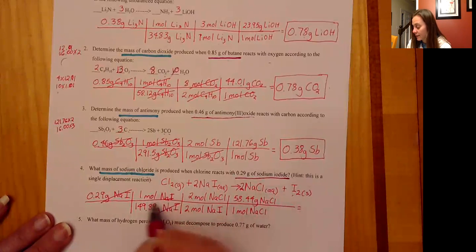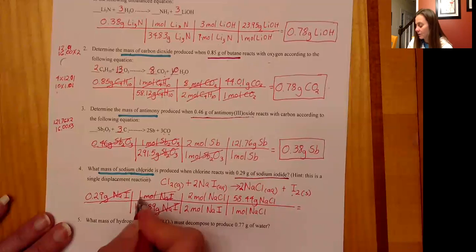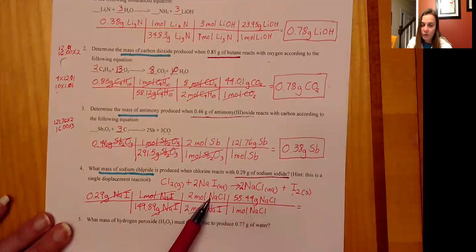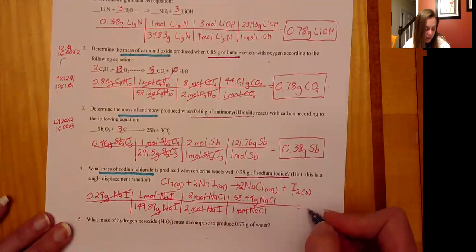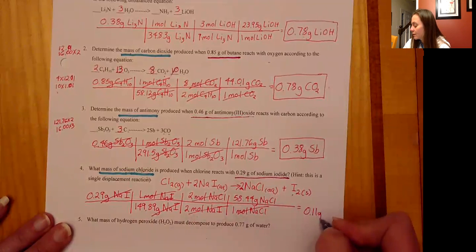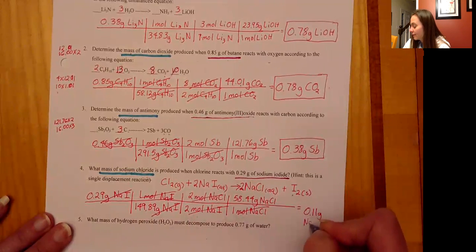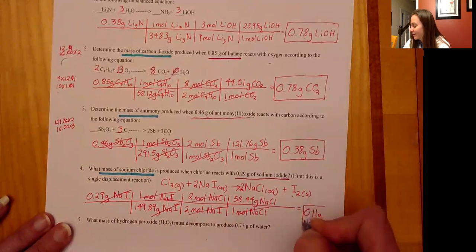And now I can see that moles of sodium iodide is on the top and the bottom. That cancels out. Moles of sodium chloride is on the top and the bottom. That cancels out. And I find that I have 0.11 grams of NaCl.